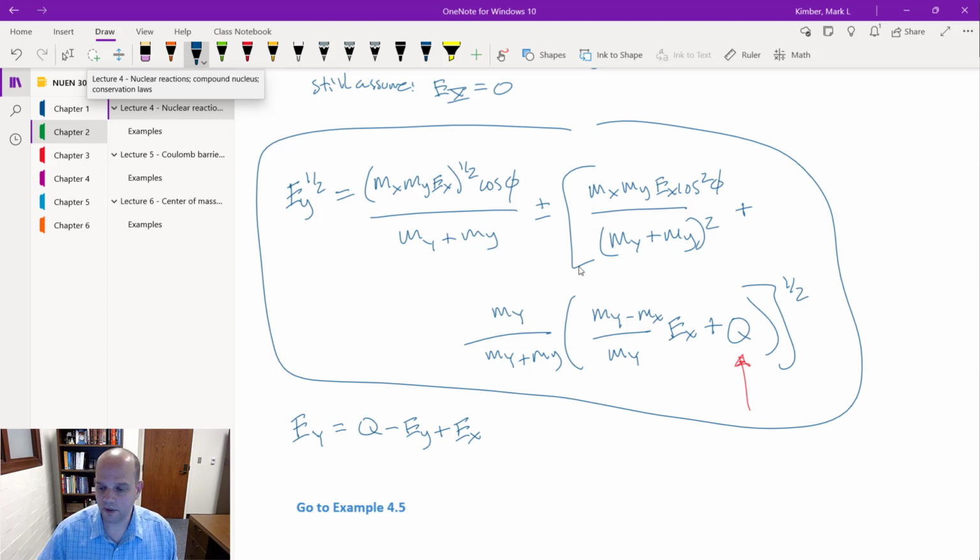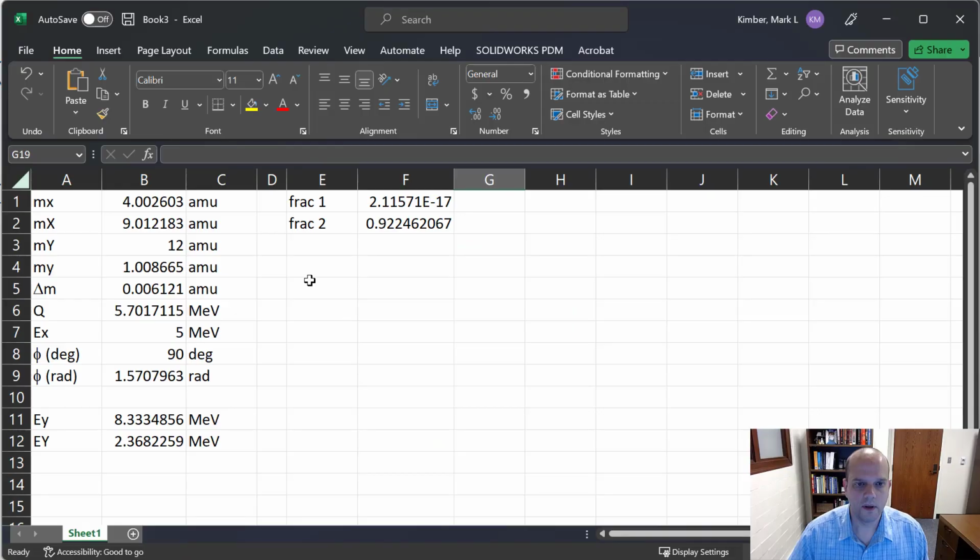So let's go first to Excel, and here are my calculations. There's the mass of my alpha particle. Here is the mass of my heavy nucleus, and here is the mass of my heavy product, that's the carbon, and I've got the neutron here.